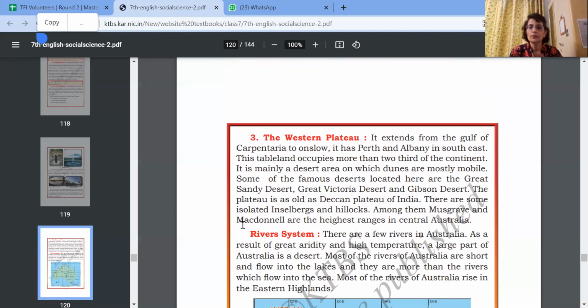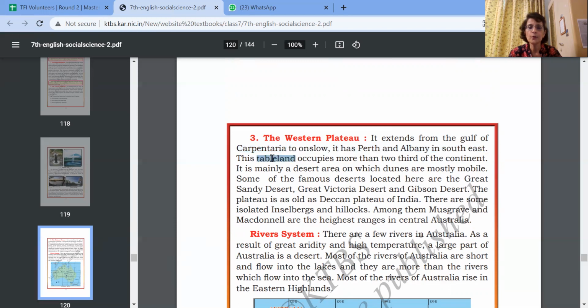This is the Western Plateau. It extends from Carpentaria to Onslow, it has Perth and Alabama in the southeast. ये सब mark करो as point number 1.